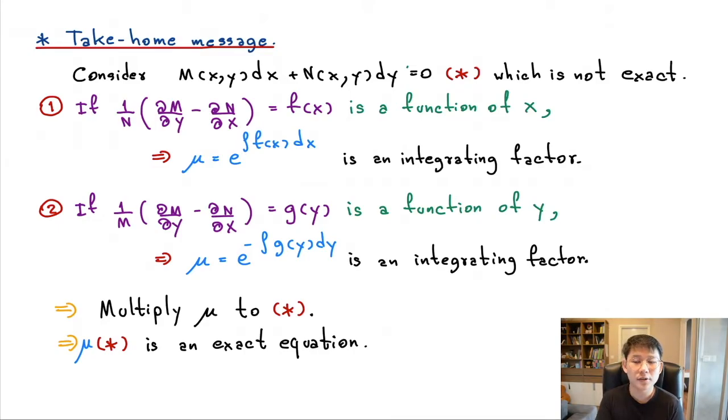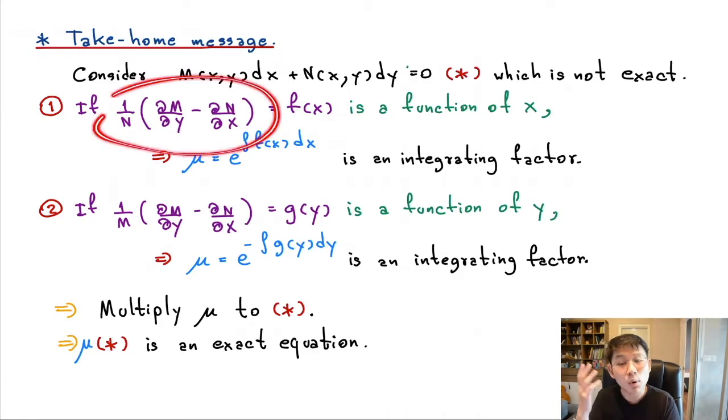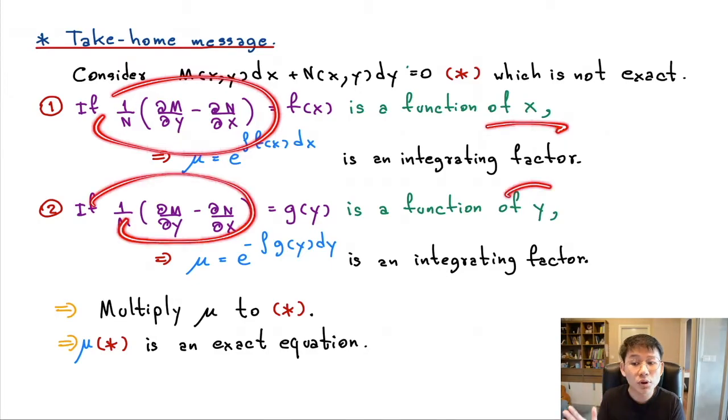But some of you may ask me, at the beginning I talked about 3 cases, right? When mu is a function of x, when mu is a function of y, which is this case, and another case when mu is a function of x and y, which means that this is not a function of x, it has both x and y, and this is not a function of y, it has both x and y.